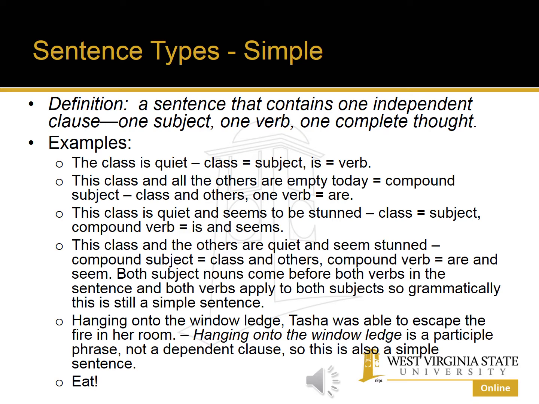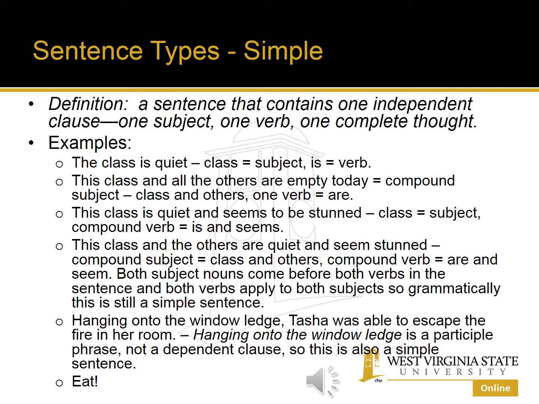The next example. Hanging on to the window ledge, Tasha was able to escape the fire in her room. This is still a simple sentence. Remember that the definition of a simple sentence is one main clause, one subject, which is Tasha, and one verb, which is was.